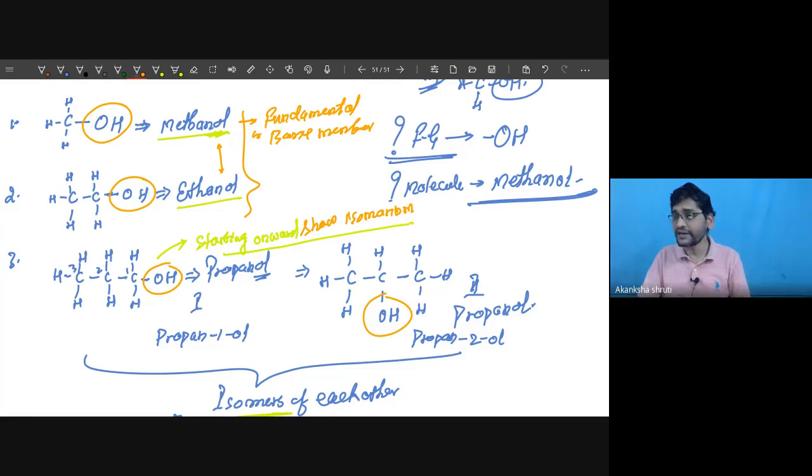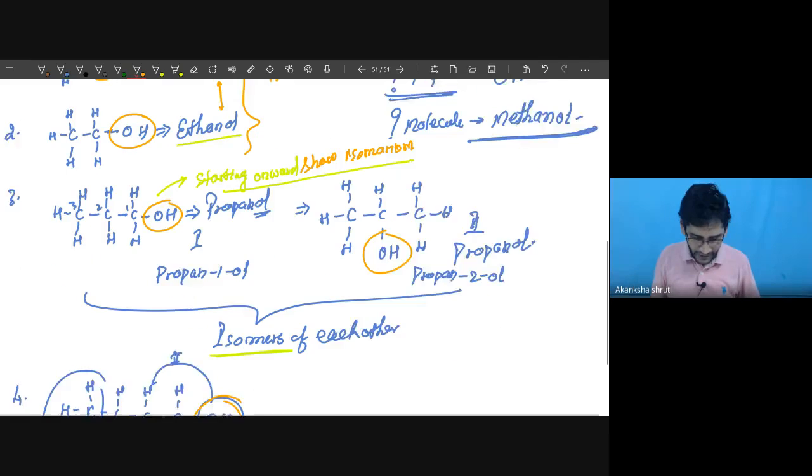Means all of them will undergo the same kind of chemical reaction. One may go faster and another may go slower, but all of them may undergo the dehydration reaction. All of them may form an ester when reacting with carboxylic acid. So these are the chemical properties.